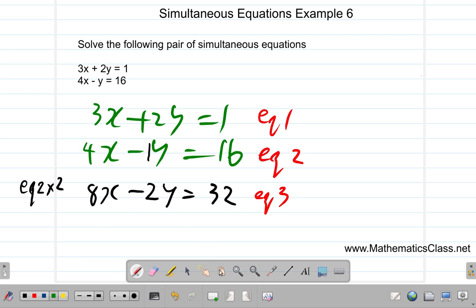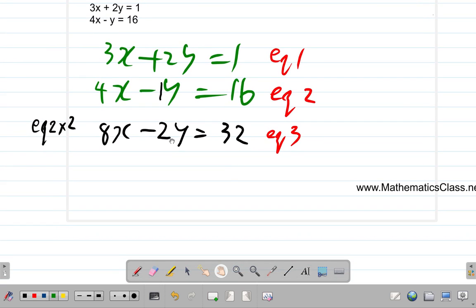Now, notice we have 2y in equation 1 and a negative 2y in equation 3. Let's just repeat equation 1 down here. We have 3x plus 2y equals 1.